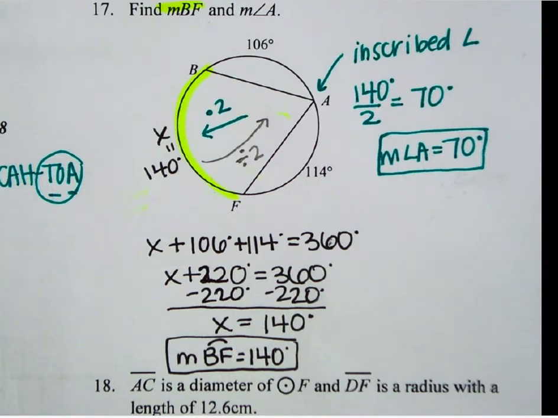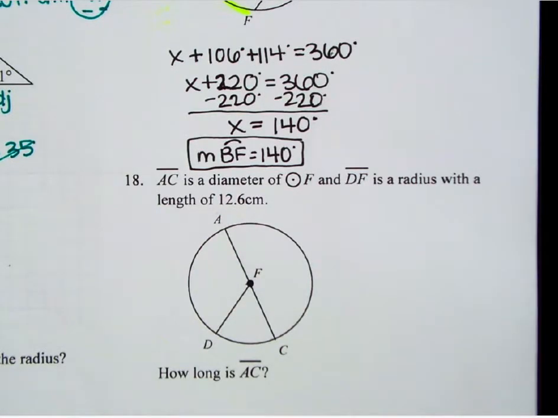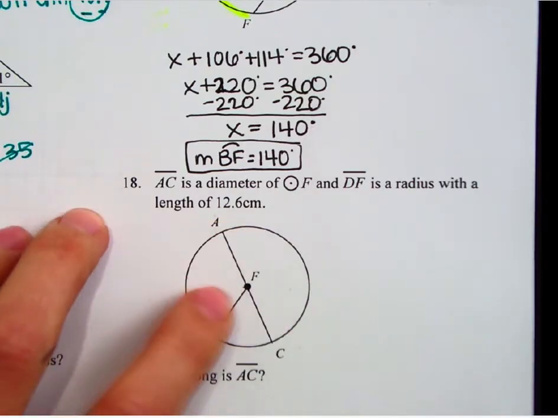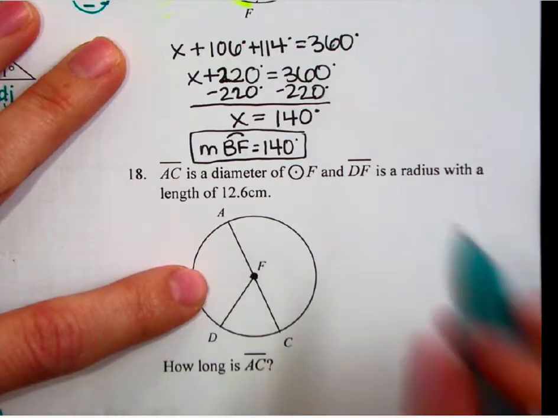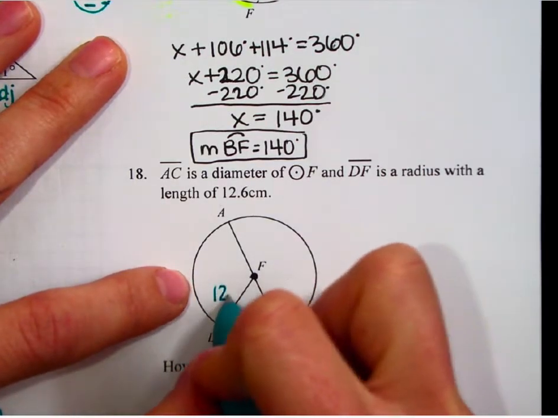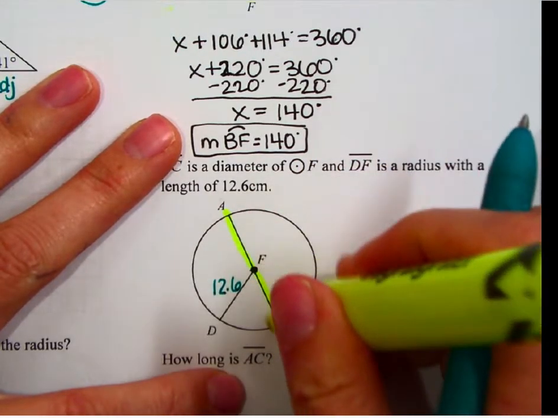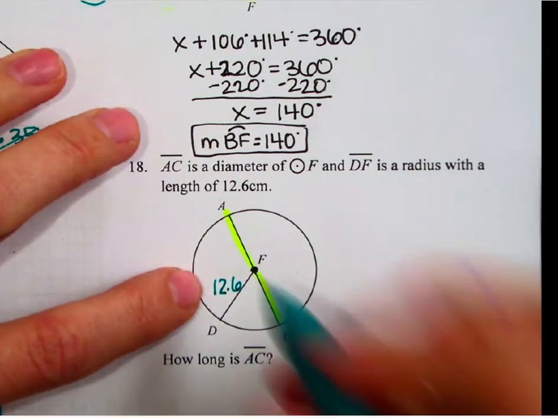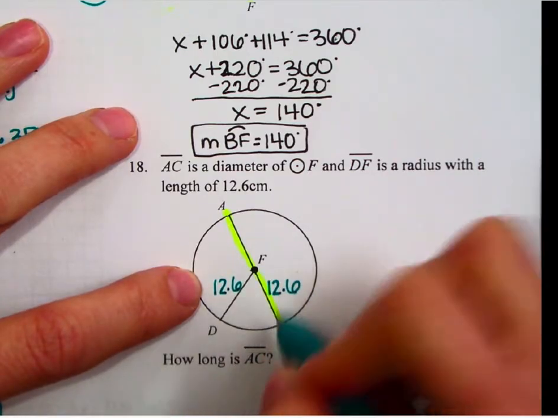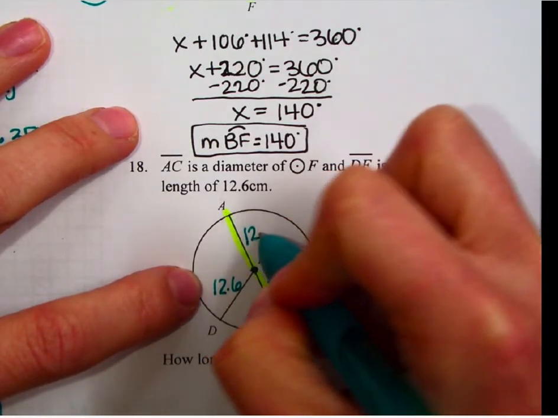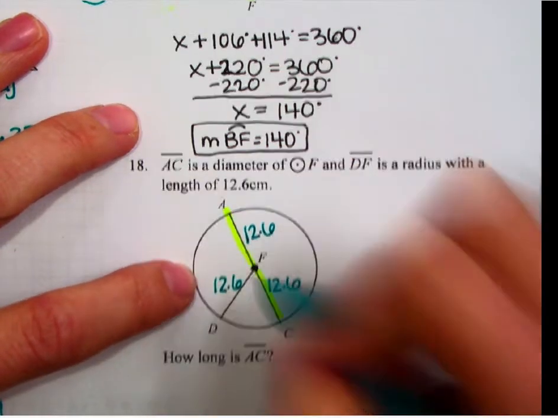Okay, number 18, AC is the diameter of circle F. So this is our diameter, where DF is a radius, and this is a radius with length 12.6. So we want to now know the length of AC. Well, if I know the radius is 12.6, that means FC is 12.6 and FA is 12.6, because those are the radii in this circle.